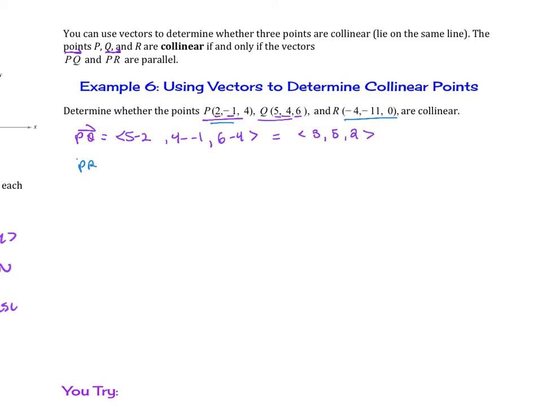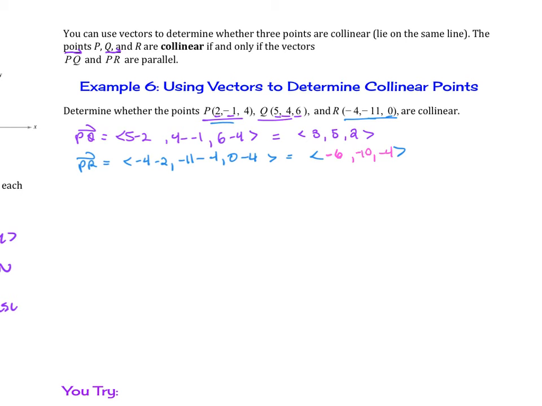That is going to be R first: negative 4 minus 2, and then negative 11 minus a negative 1, and 0 minus 4. So negative 4 minus 2 is negative 6. Negative 11 minus a negative 1 is negative 11 plus 1, which is negative 10. And 0 minus 4 is negative 4.